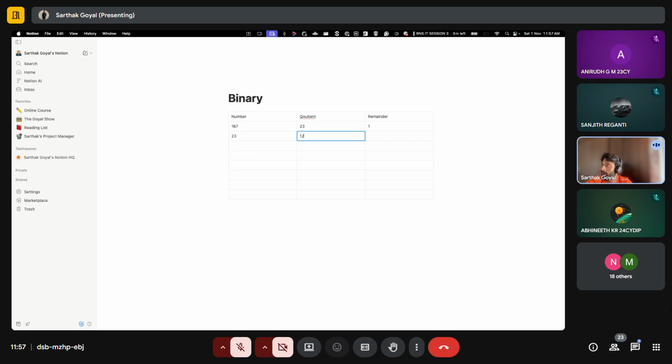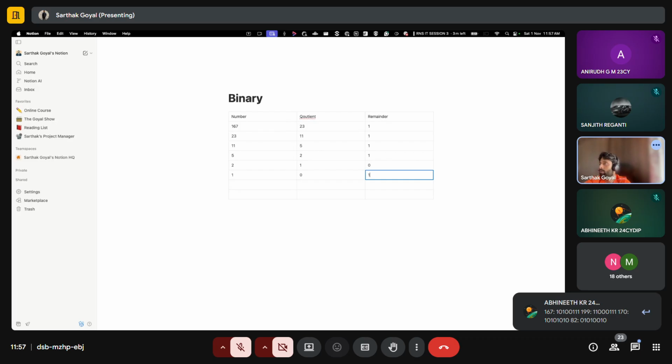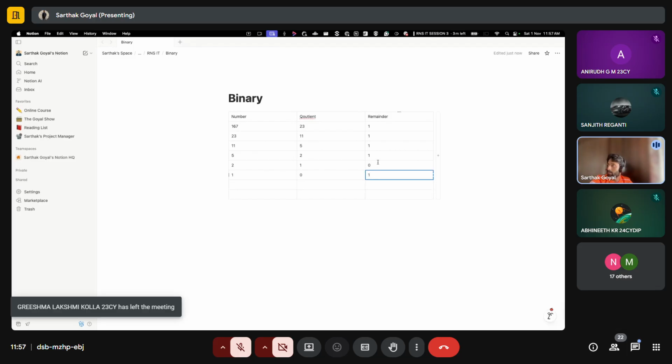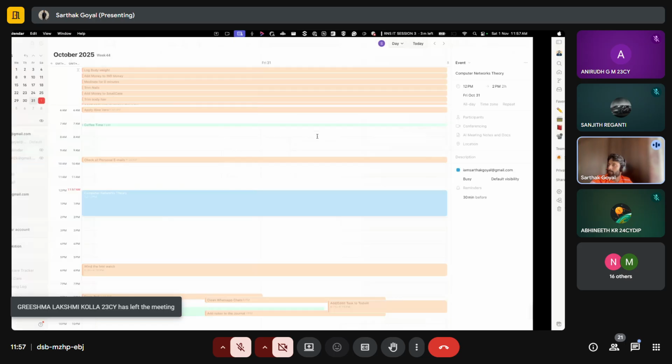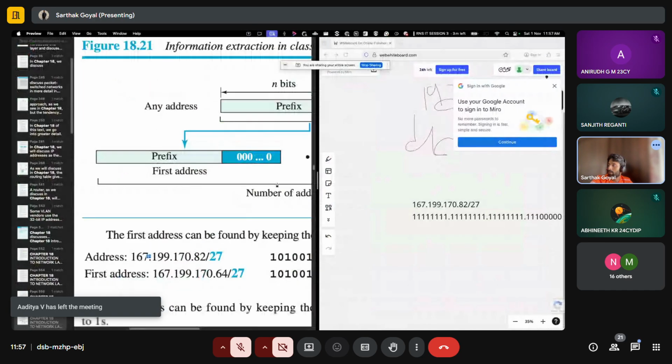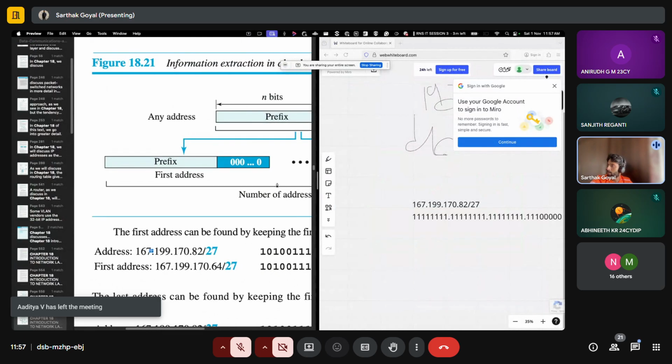Here it's going to be 1 and 11, 1 as the remainder. 5 and 1. 5 and 2. 1, 0. So my octet is going to be what? 10111. Let's see if I'm correct. What did I do wrong?